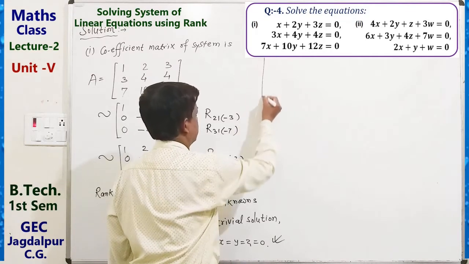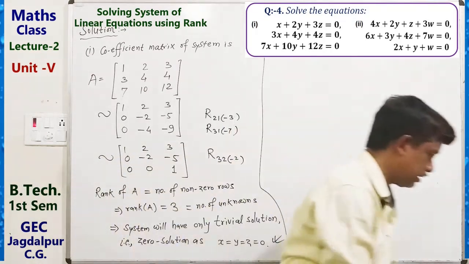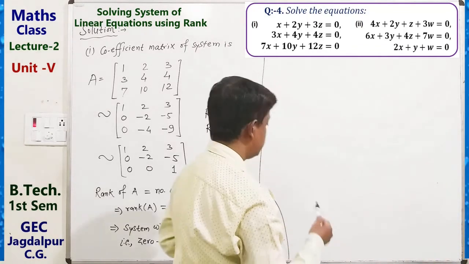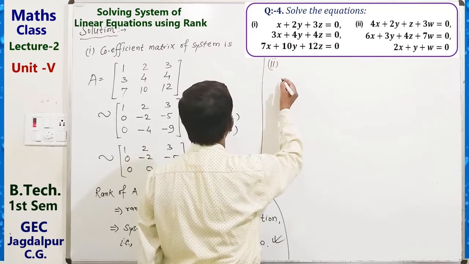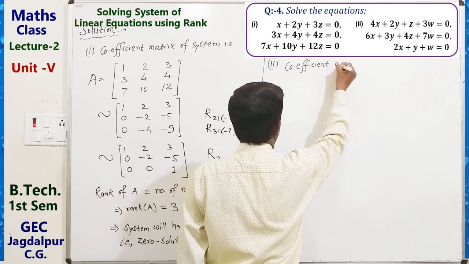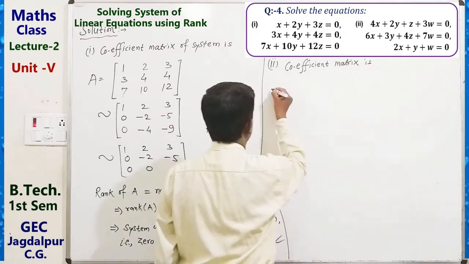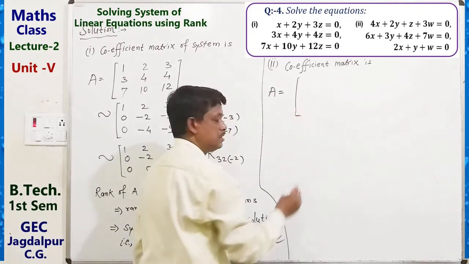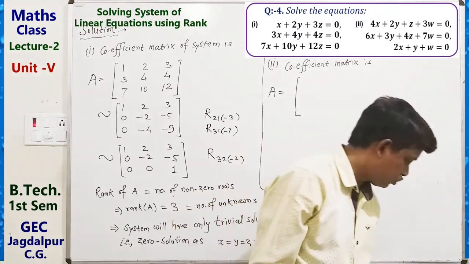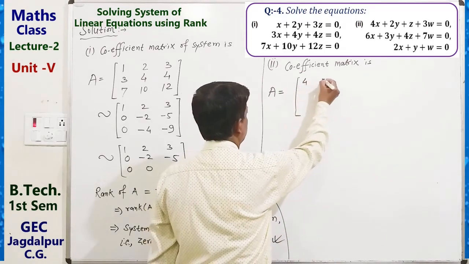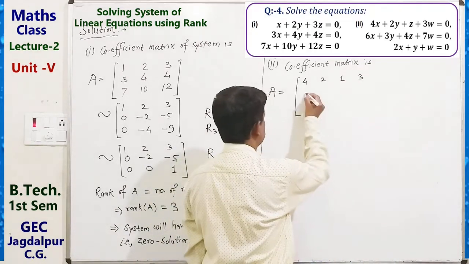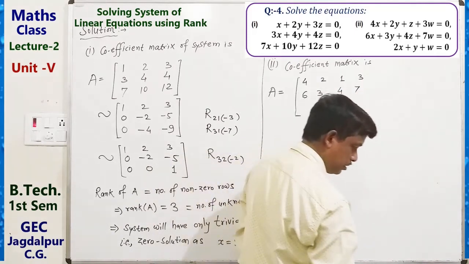Now the second question. The coefficient matrix A, in the second set of equations having 4 unknowns and 3 equations, is: 4, 2, 1, 3; 6, 3, 4, 7; 2, 1, 0, 1.